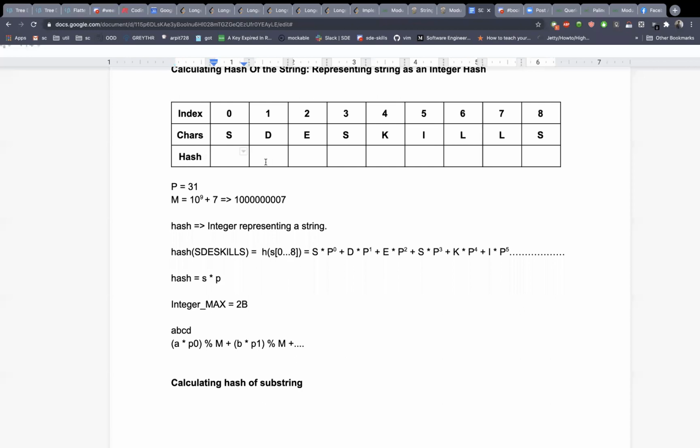Each value in this array stores the hash of the prefix. So till this index, I will have the hash of this string. For k, I will have the hash of this string. And at index 5, I will have the hash till here. So we create one hash array of prefixes.